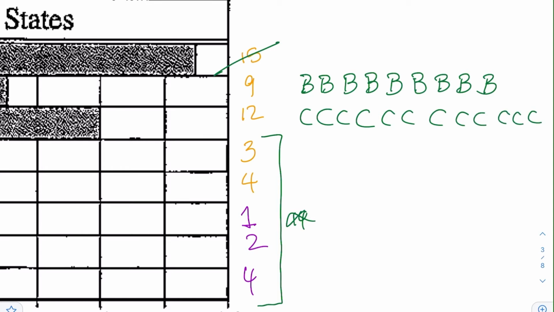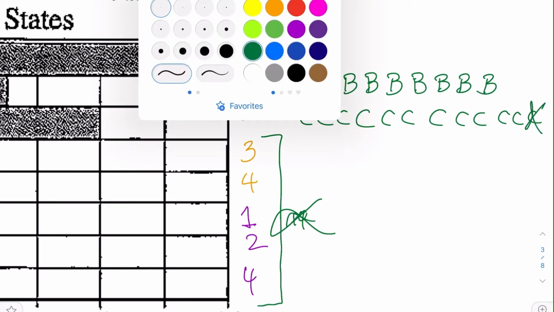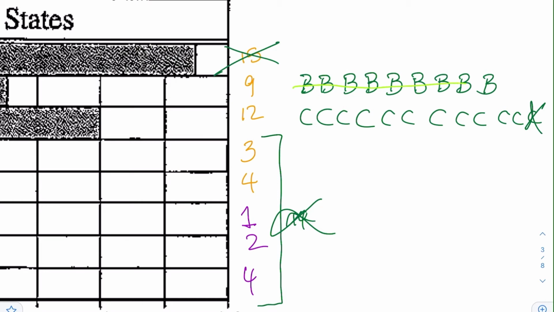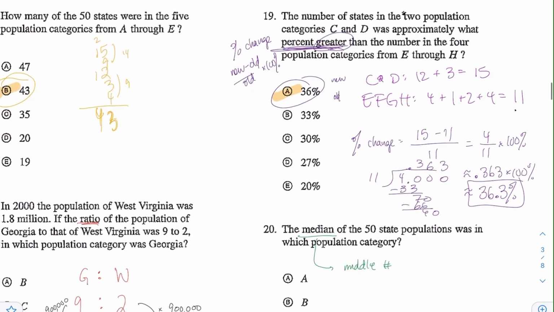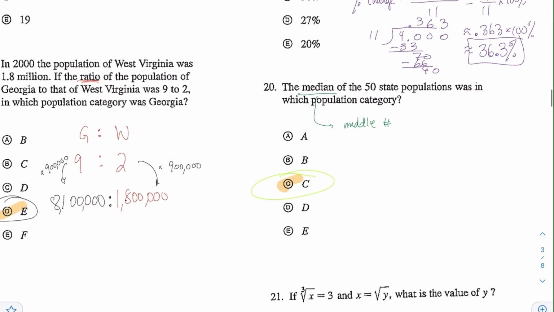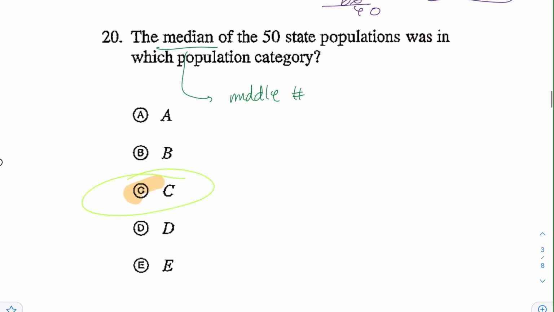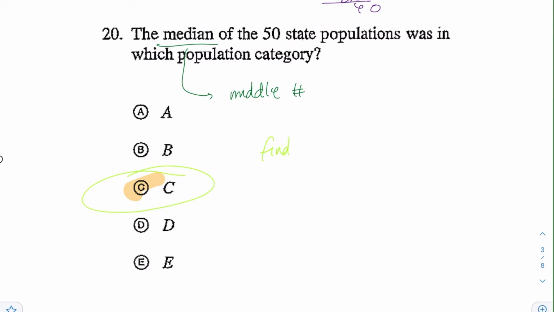So you cross out 15 from the front. You also have to cross out 14 and then 15 from the back. And then when you eventually keep crossing out, cross out the 9 here, as well as the 7, 8, 9 here. So the median has to be in category C. So just be careful here, because you have to find the median of a frequency table.